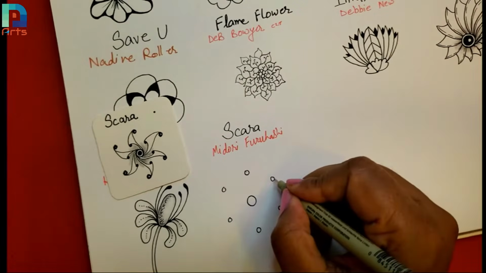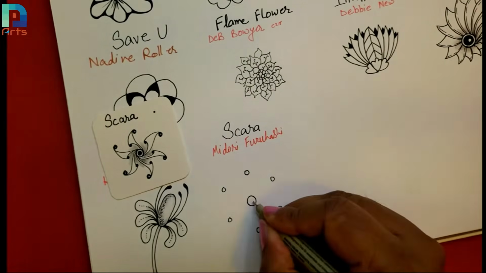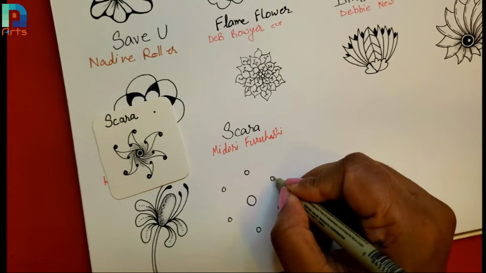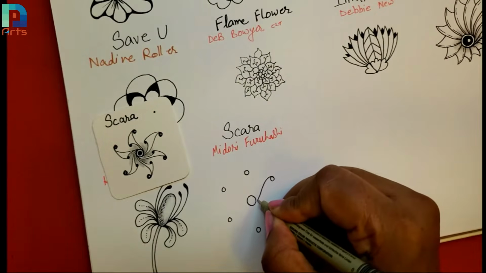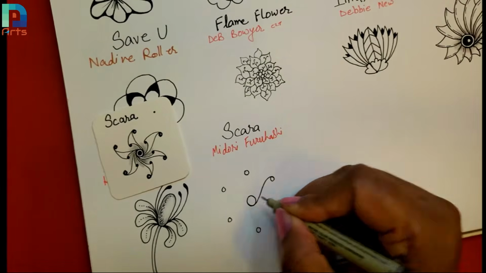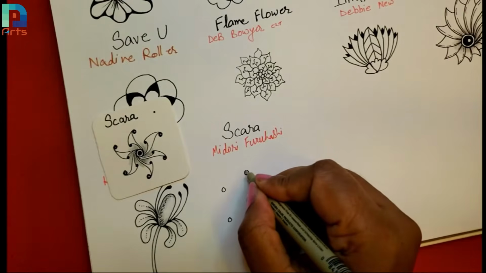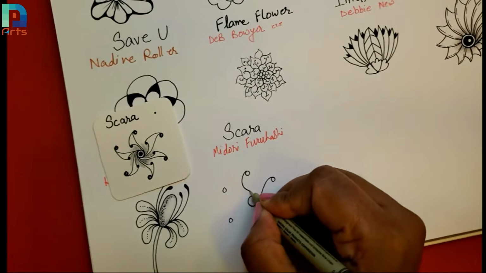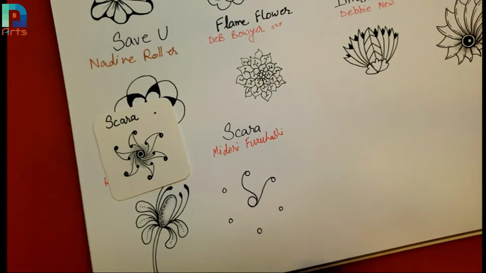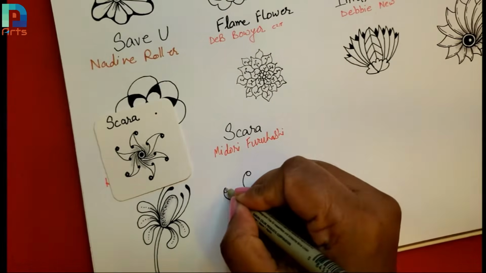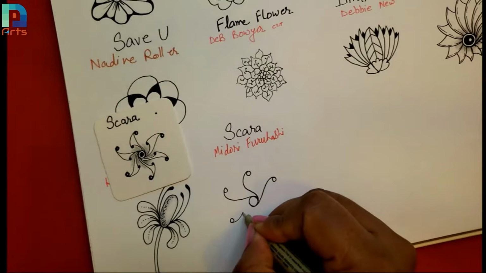And then we are going to join all these outer circles to the center circle with an S curve, with takeoff and landing. You take off from the outer circle and you land at the center circle.